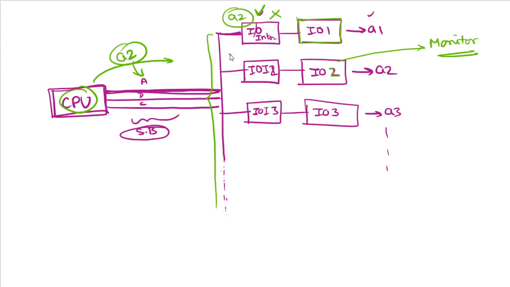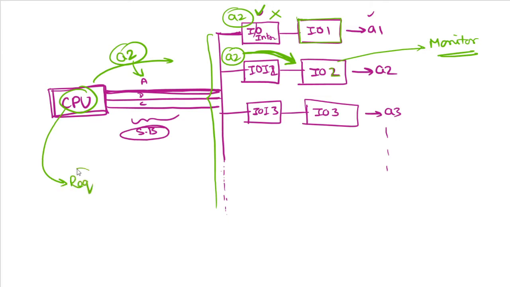Similarly, when it goes to IO2, this IO interface will say yes, this particular CPU request is for IO2, and it forwards this CPU request to IO2.